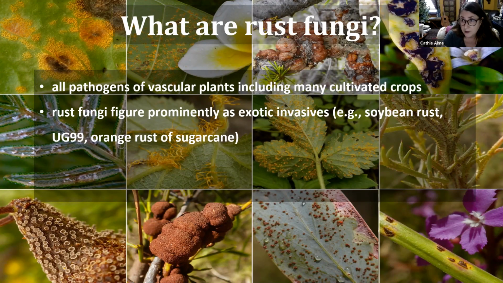So they figure really prominently as the agents of exotic invasive disease. And in doing such, they're actually changing landscapes in even some natural areas as well as in agriculture. So I'll talk a little bit more about that later. But these are really important economic reasons for studying them.